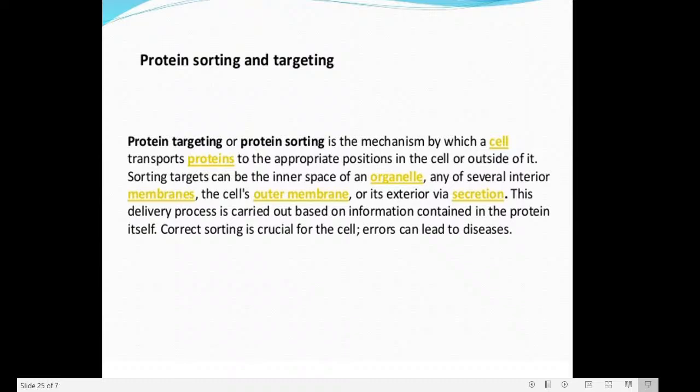It is the sorting mechanism by which the cell transports proteins to the appropriate position in the cell or outside of it. The sorting target can be the inner space of an organelle. What is the need of the organelle? Based on that only, protein sorting happens in the cell.